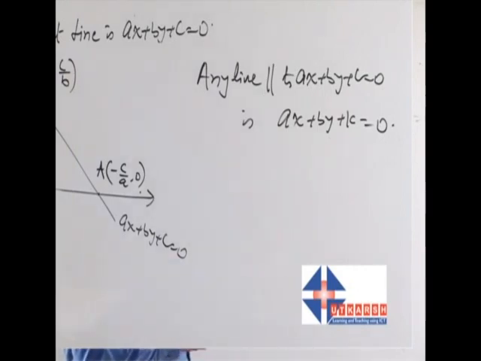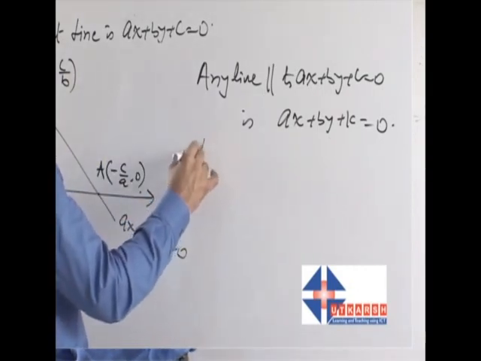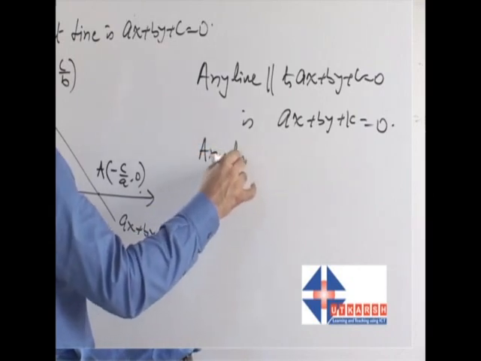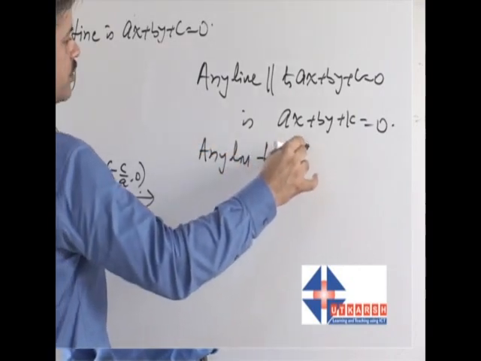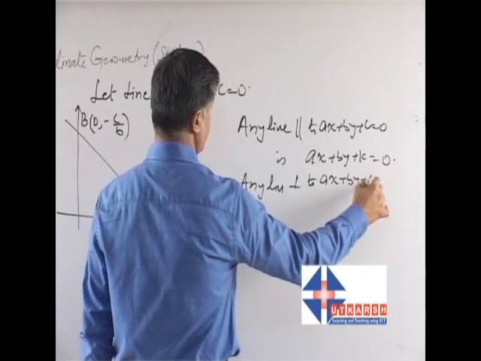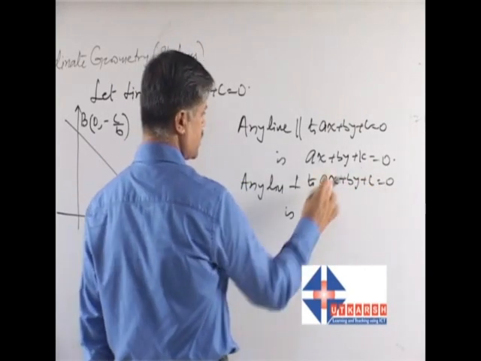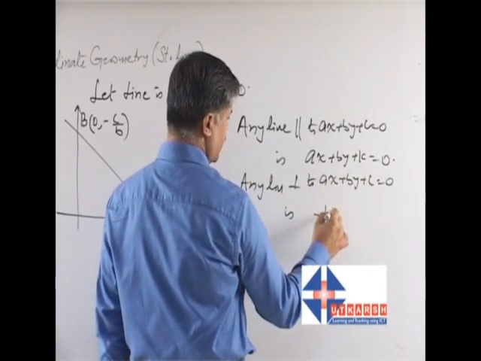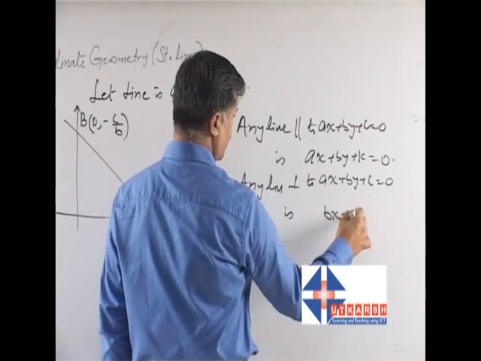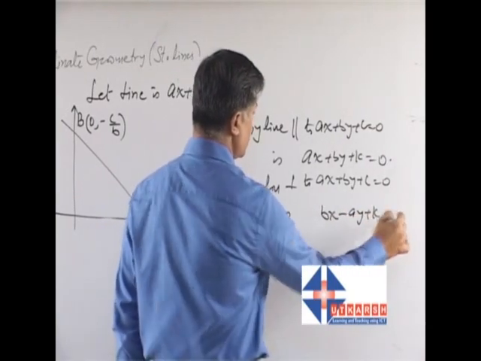If you wish to use it, you can, otherwise you can use the slope point formula. Next, any line perpendicular to ax plus by plus c is equal to 0 is, interchange it, bx minus ay plus k is equal to 0.